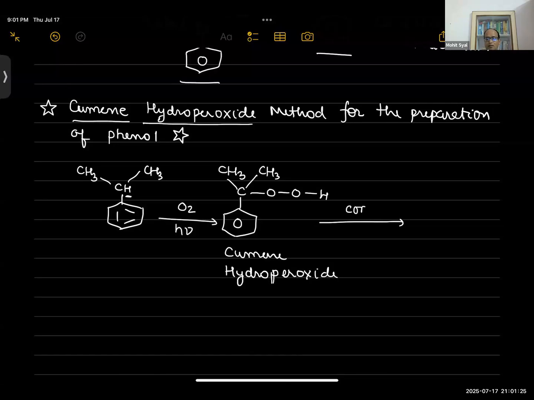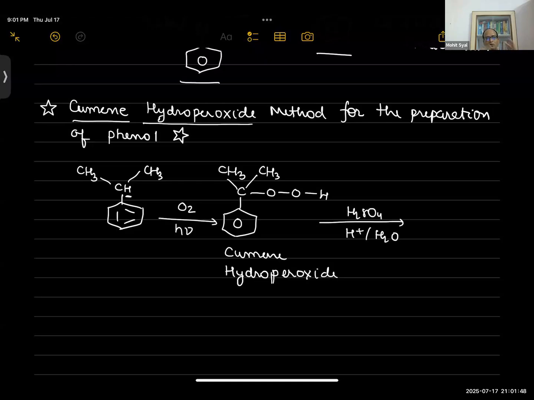You heat it with concentrated H2SO4. Sometimes it is just written as H plus and H2O. It is one and the same thing.